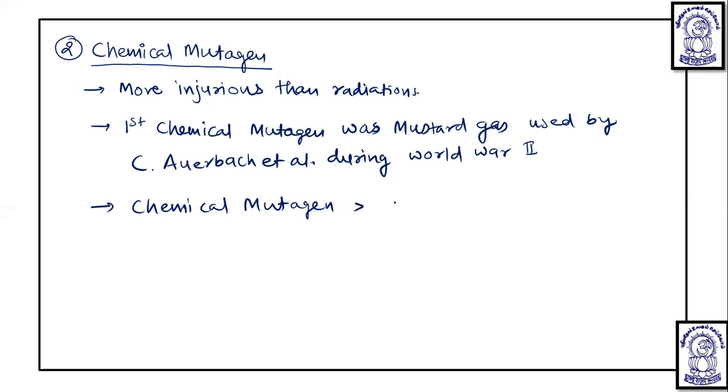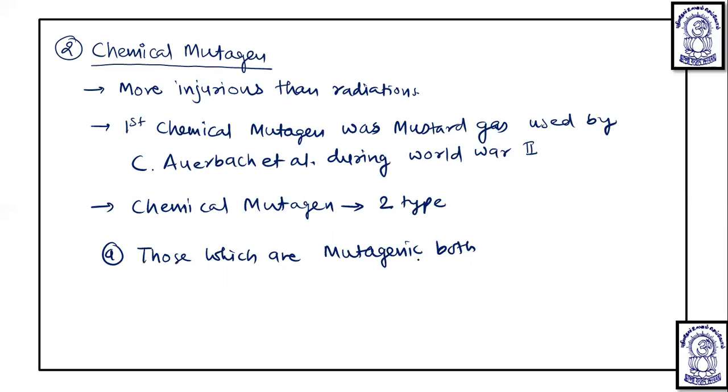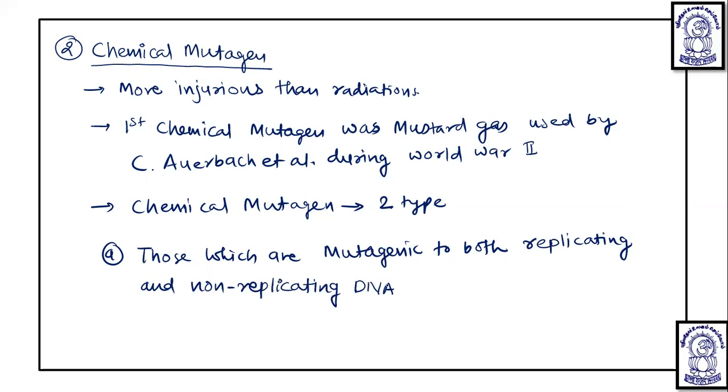And these chemical mutagens are placed in two categories, which means they are of two types. Number one, those which are mutagenic to both replicating and non-replicating DNA.